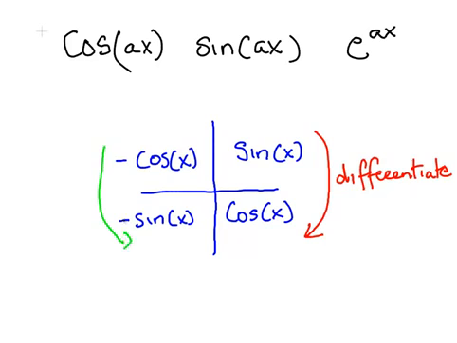The integral of minus sine of x is cos of x. The integral of cos of x is sine of x, and so on. So this is integration going anti-clockwise around this clock, so to speak. Clockwise is differentiation, anti-clockwise is integration.